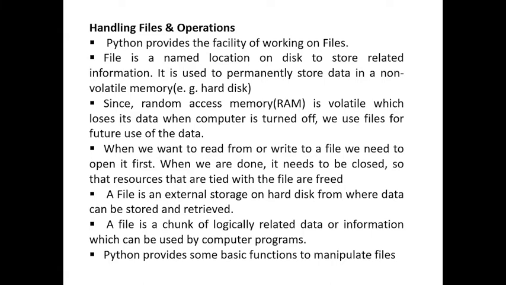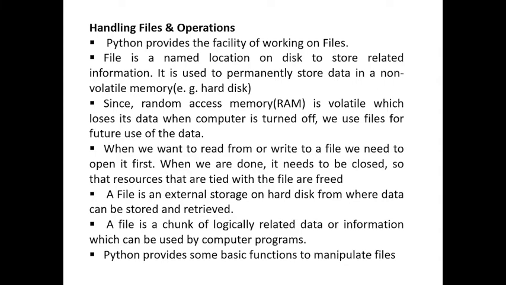Once it's completed, we close it so that the resources tied to the file are freed. A file is an external storage on the hard disk from where data can be stored and retrieved. A file is a chunk of logically related data or information which can be used by computer programs.